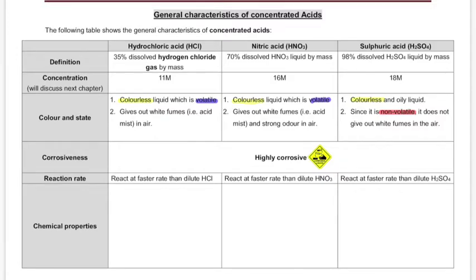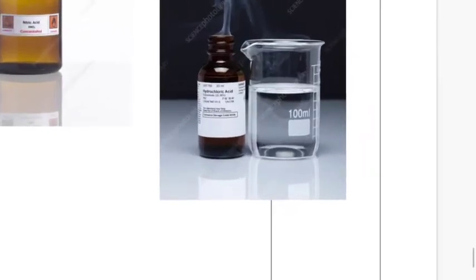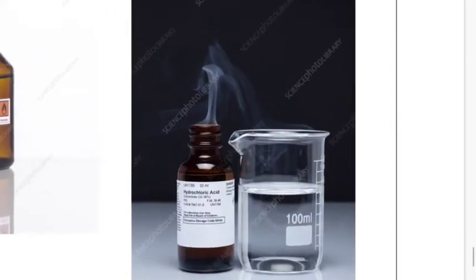Volatile means it readily turns into gas in air, so you will see white film formed as soon as you open the lid. Here I found a photo to show you.